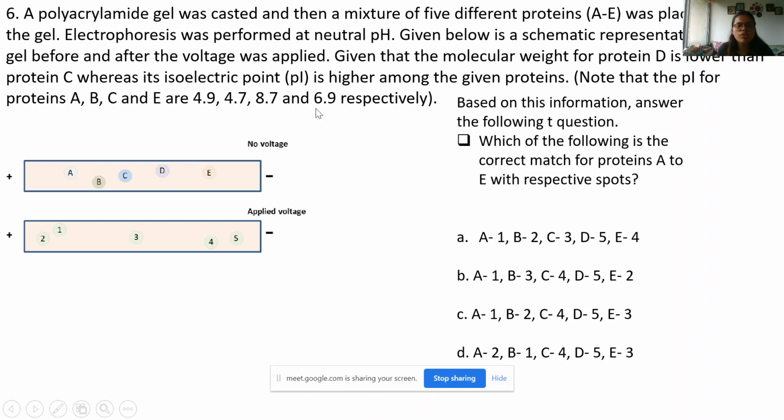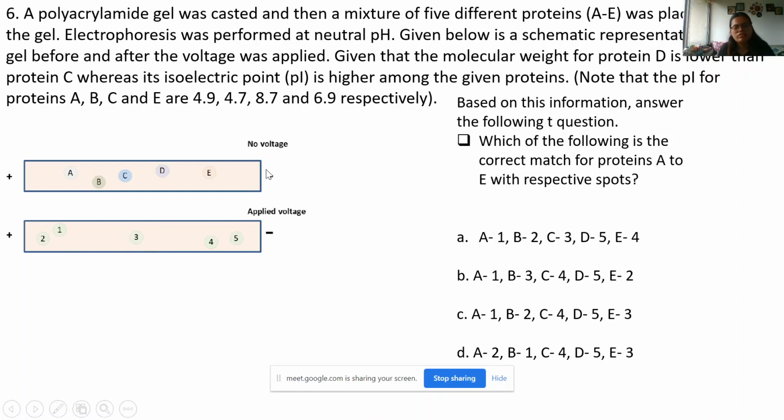It will give you an idea about what the charge of the protein will be and how it will migrate. Here the pI value is given, so from that you can decide. Secondly, in the first case we are not applying voltage, and in the second case we are applying the voltage. So here the charge of the protein will come into picture.